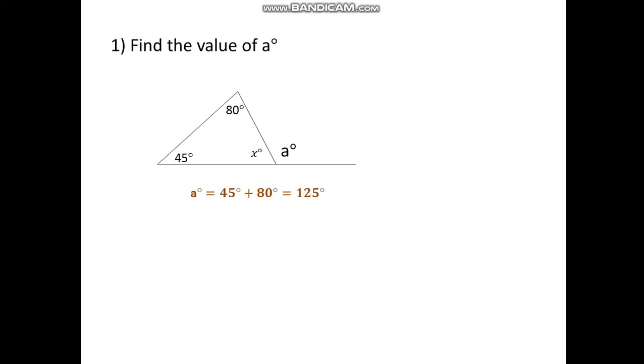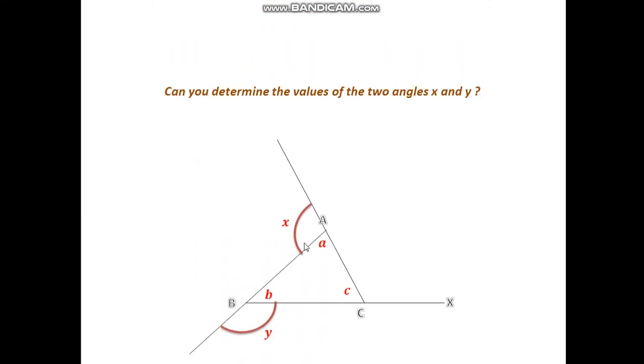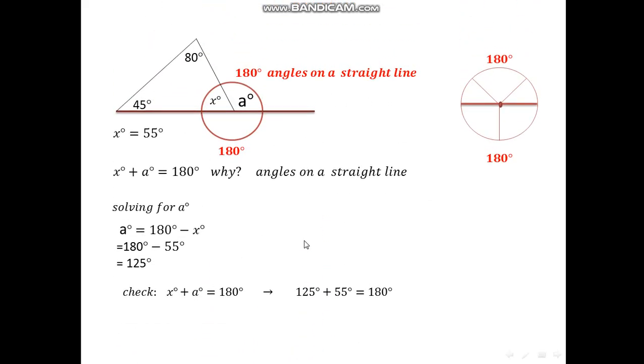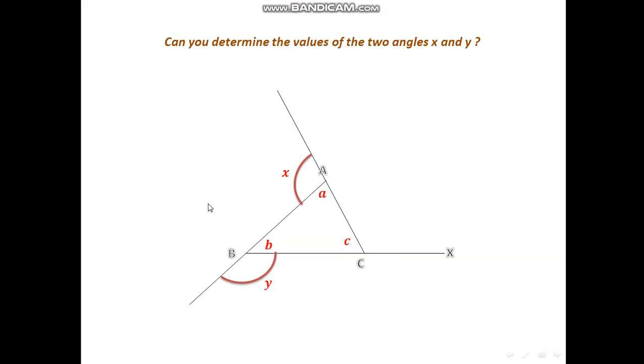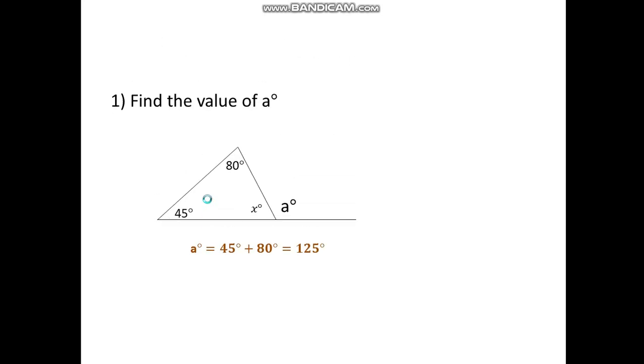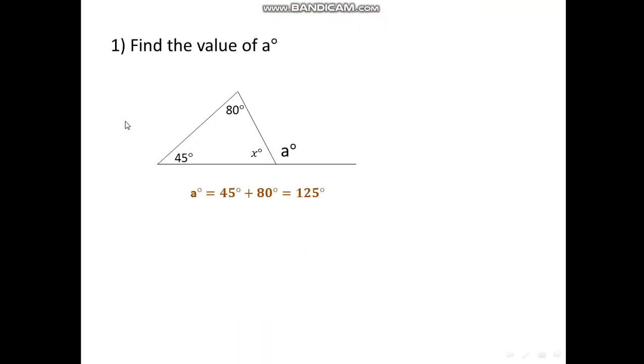Okay. Now we come back to our old example. Remember the old example, this one. Now we shall solve it according to the new method. It's very easy. Look what you say. Find the value of A. A here is an external angle and these are internal angles. So A is an external angle of this triangle at this point. So A equals the internal angles, this one and this one.